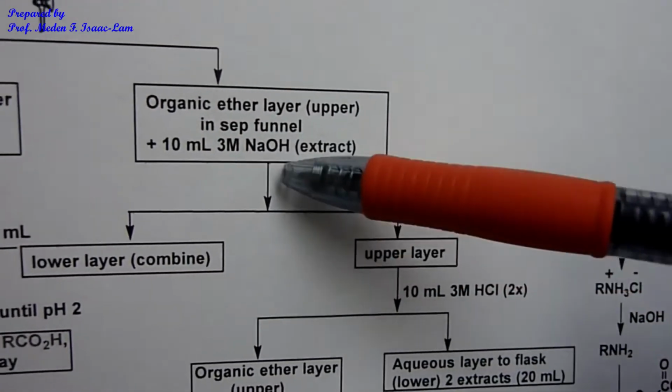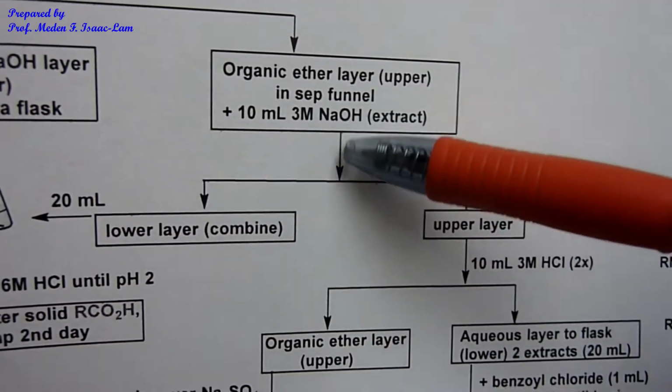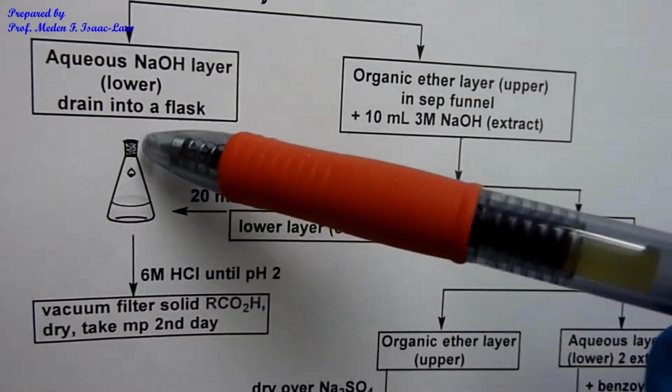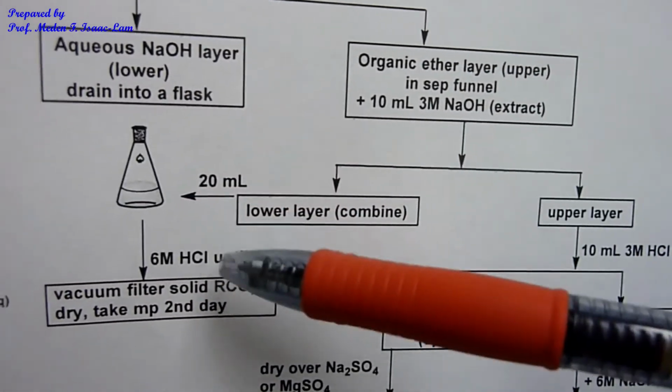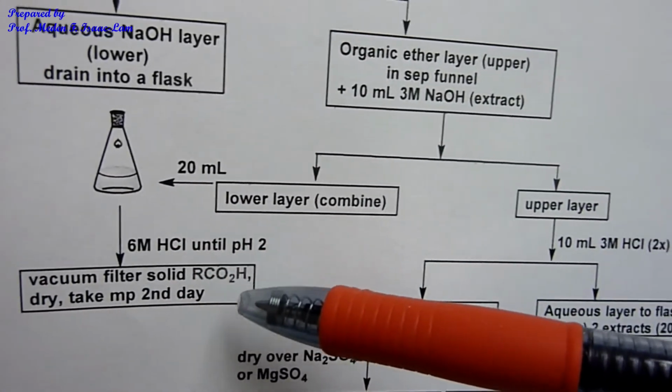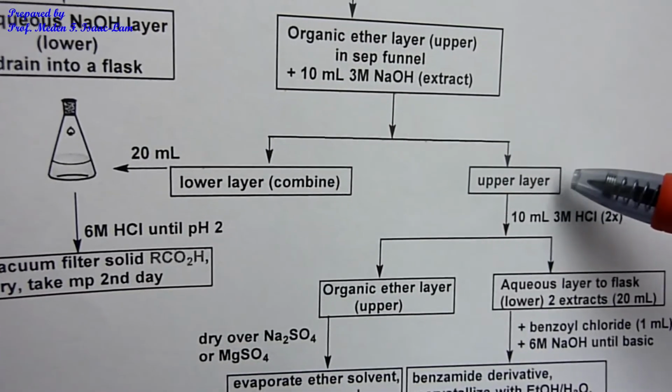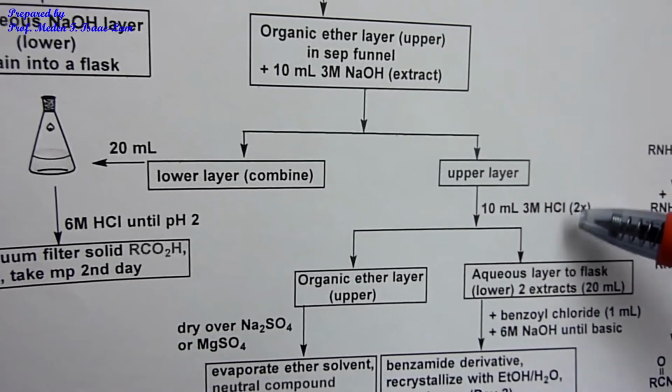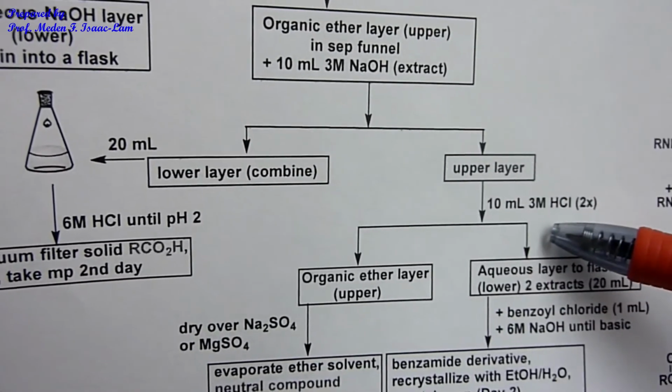Before, I already had this in the flow chart. I already combined the two extracts, and I was able to filter the first component. So we're now in the upper layer portion of the extract, and I'm going to add hydrochloric acid.